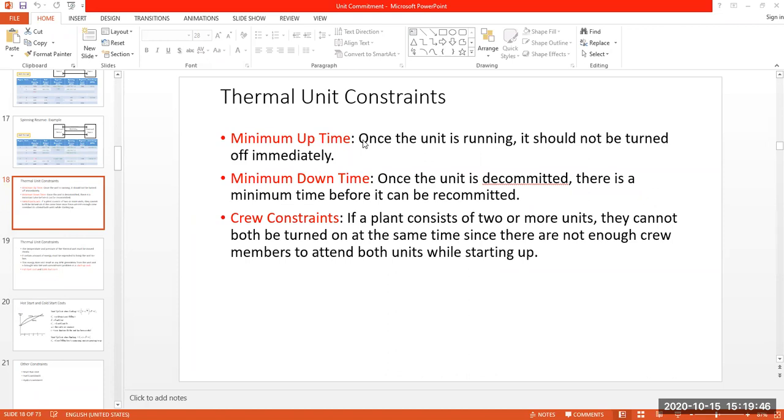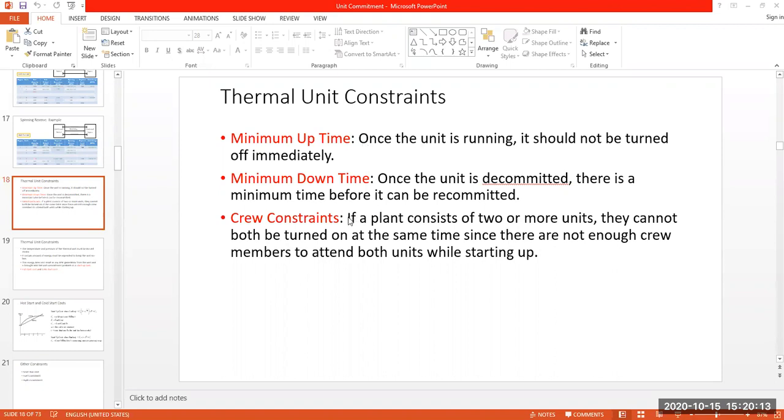You cannot make the number of crews very high, because in that case, most of the time the crew will be sitting idle. The crews will be required mostly when you have some maintenance work, or units are shutting down, or units are being committed or decommitted.